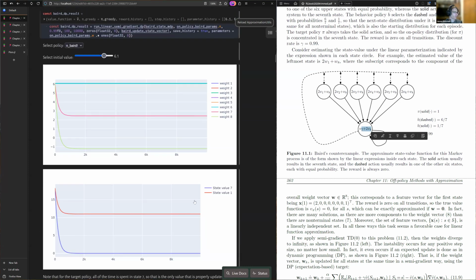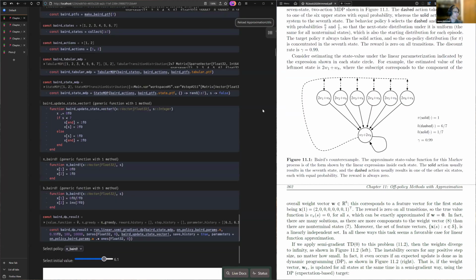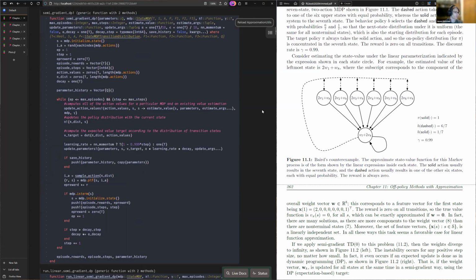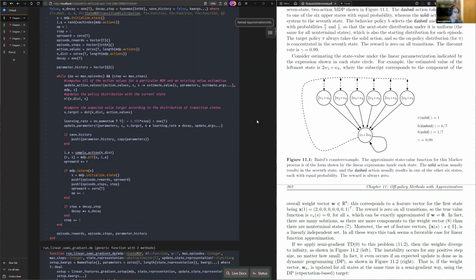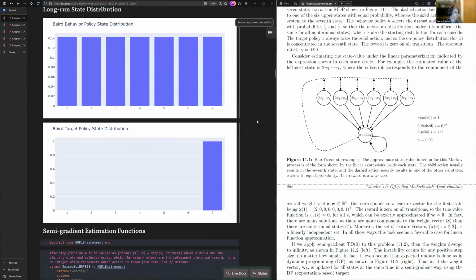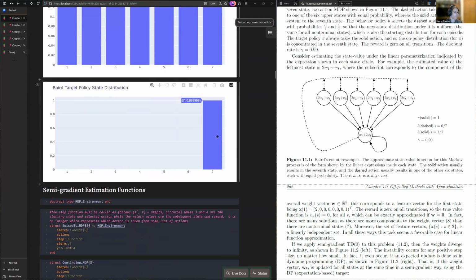The reason why these other values don't converge is because, the way I'm sampling this, it never spends any time there. And if you look at what I showed before, the target policy distribution, if this is a continuing problem, then 100% of the time is going to be spent in this state.